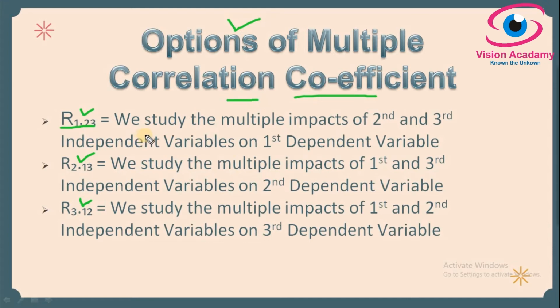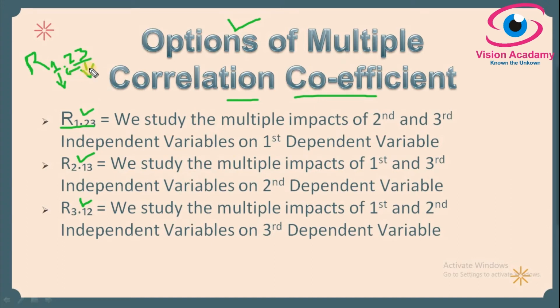Let us understand what R1.23 is. There is one more thing called partial correlation. We need to differentiate between partial correlation and multiple correlation. In multiple correlation, we use a big R, as in R1.23. Here we consider only one dependent variable, and two independent variables are going to affect this one dependent variable.